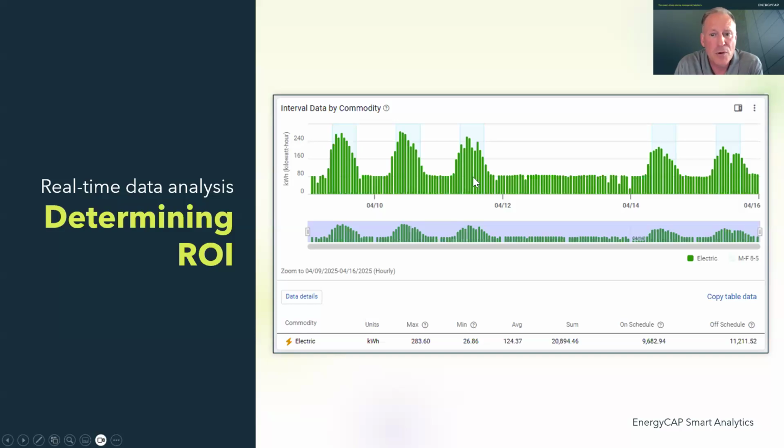And also, let's suppose each one of these usage periods on this Friday, suppose you have somebody that's using your building or using your space and you want to charge them for the time that they use the space. When you cut off that part of the hump, you can very specifically calculate the energy usage and charge them and recover money if you're in an industry where that would be important to you. But again, it all starts from having the data and having the software, the ability to do that.